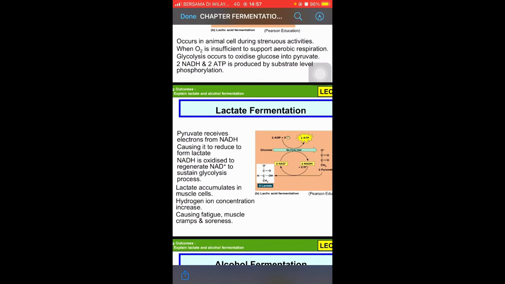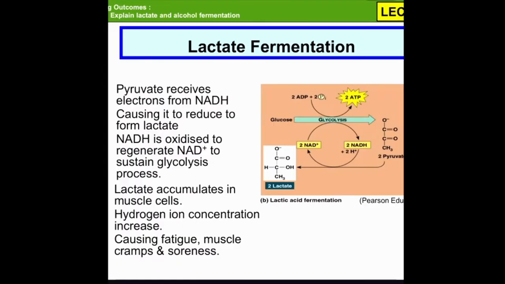Ni cerita dia. Bila dia kekurangan oksigen, pyruvate ni dia receive electrons for NADH yang ada banyak-banyak terhasil dari proses glycolysis tadi. So bila dia dah receive electrons from NADH, causing it to reduce to form lactate.